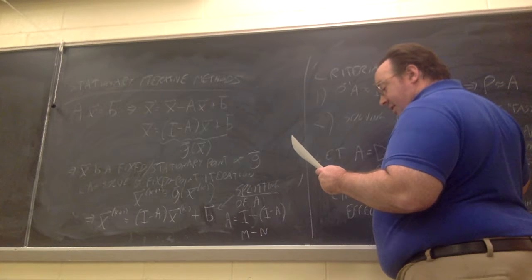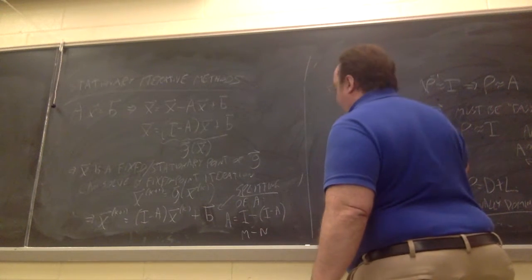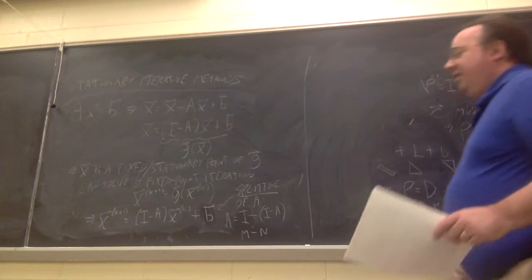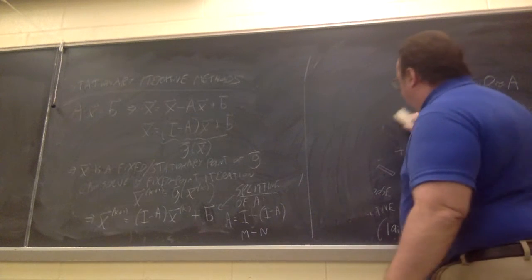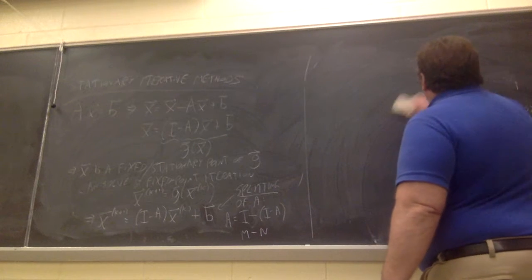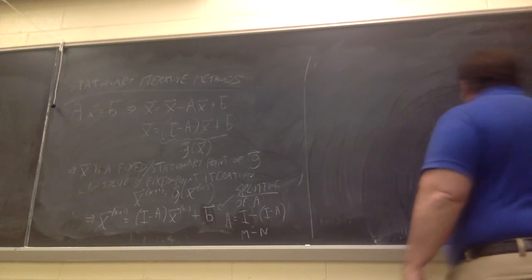Now what I want to do is, because notice here, there's no matrix inversion involved. I don't have to solve any system. So the work involved here is this matrix vector multiplication, very straightforward.